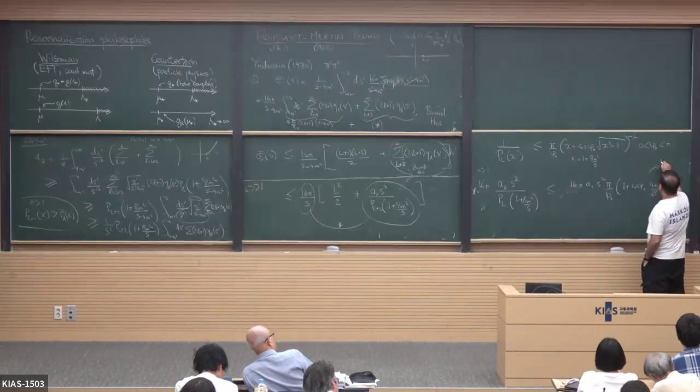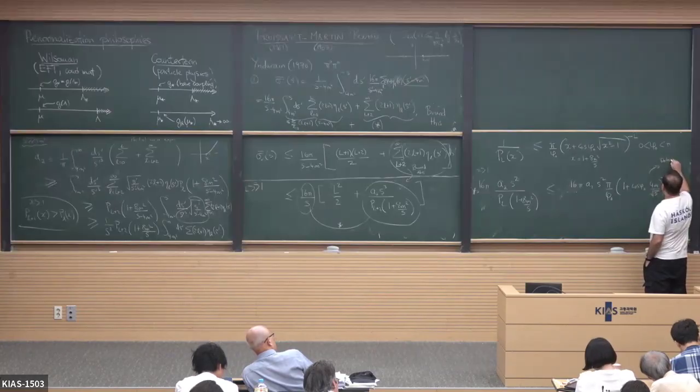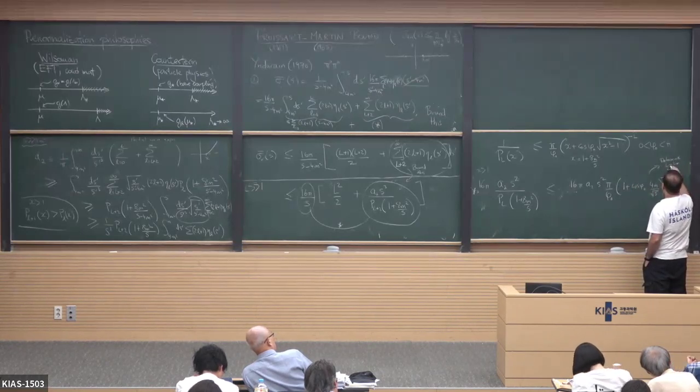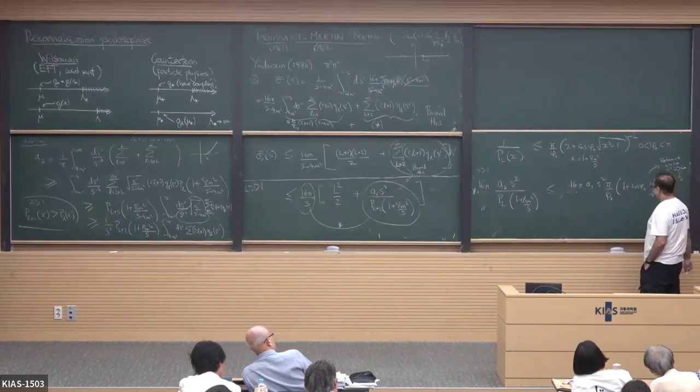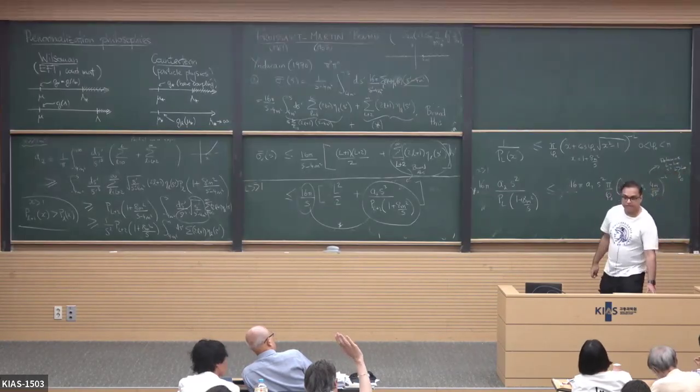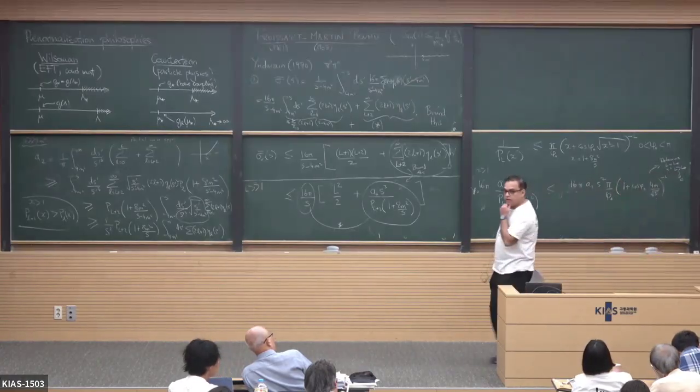So the next step in the logic is determine L, or L equals L star, such that for L bigger than L star, this quantity goes to 0. Yes.